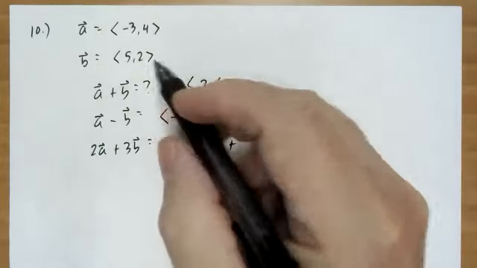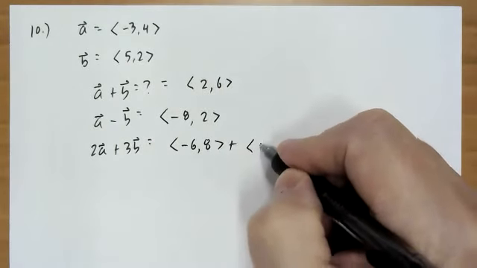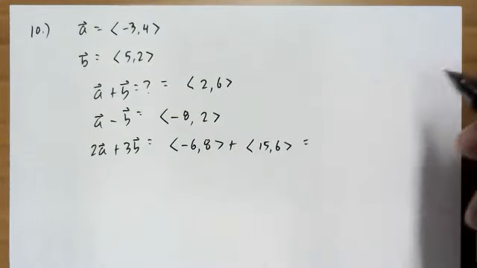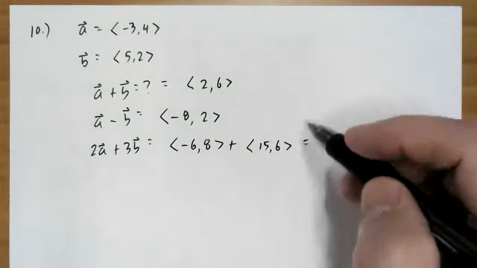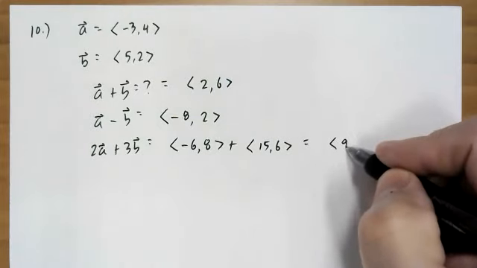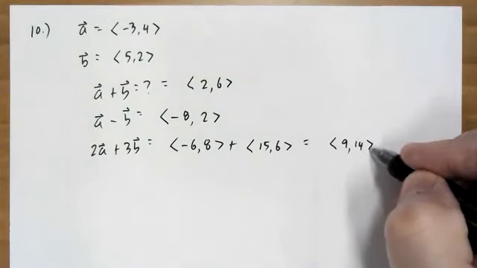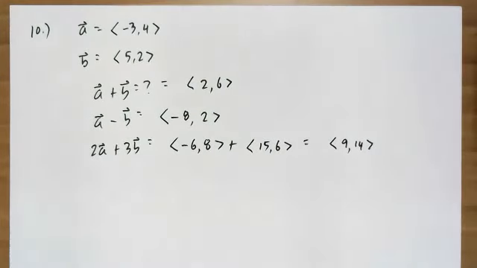And then 3 times the B vector means 15, 6. Now you add those together: -6 plus 15 would be 9, and 8 plus 6 is 14. So it should be the vector 9, 14.